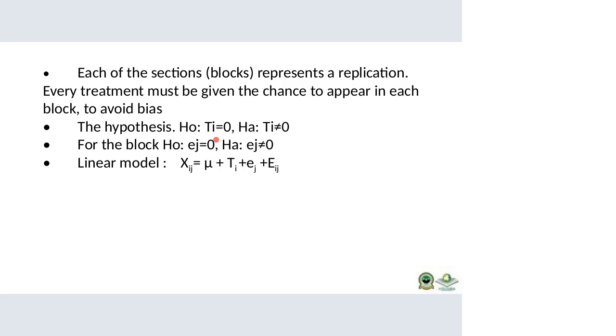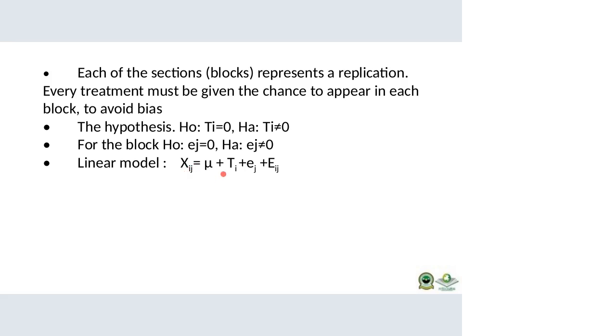We say the blocking effect is equal to 0, considering that the nutrients are all the same. The alternative hypothesis says that the blocking at least is not the same; one particular block may have higher nutrients than the other.